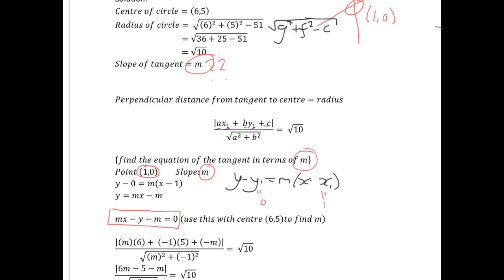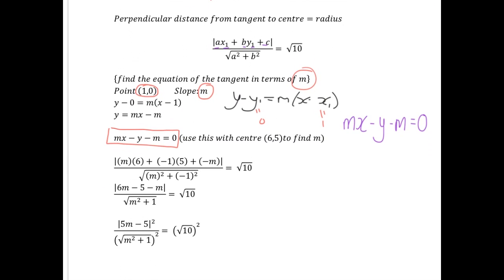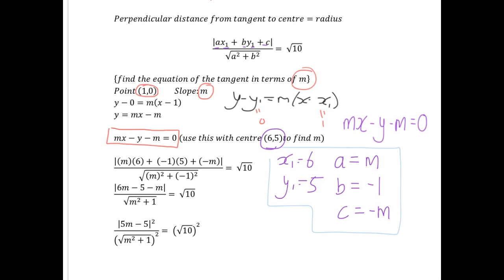In our equation, mx minus y minus m equals 0, we can see that a, the number in front of x, is m, b, the number in front of y, is minus 1, c, our constant, is minus m, and our point is the point (6, 5), so that means our x1 is 6 and our y1 is 5. So when we fill all of these values in to our equation, we know it's equal to root 10.